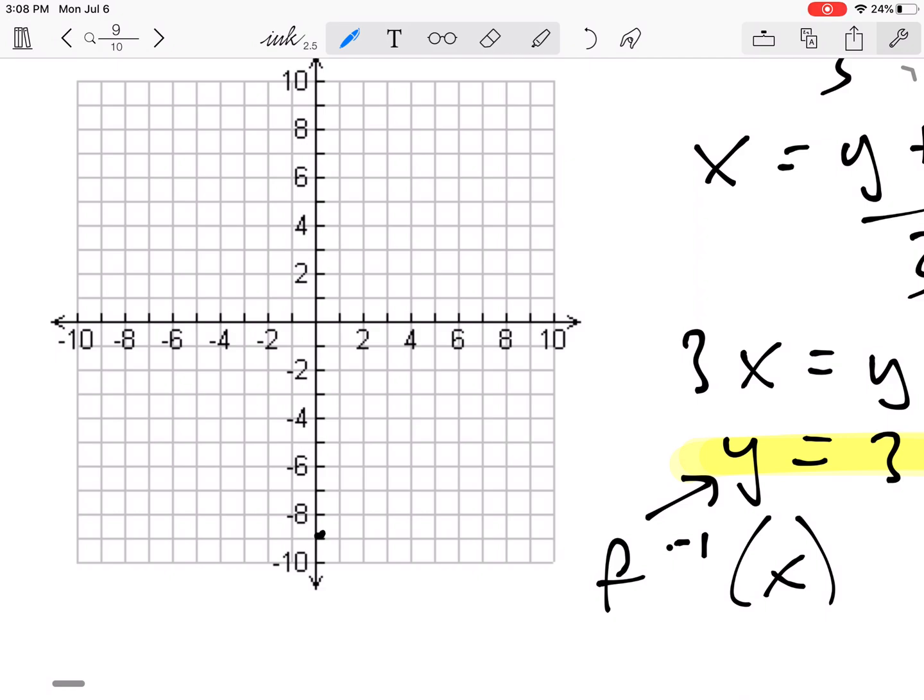So that means you go up 3 and you go to the right 1. Okay, so this is our inverse.